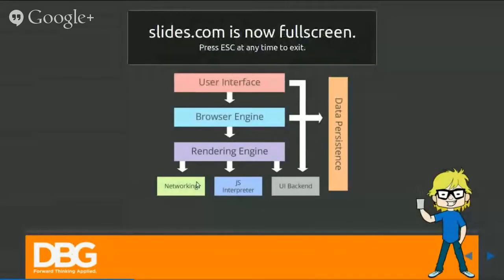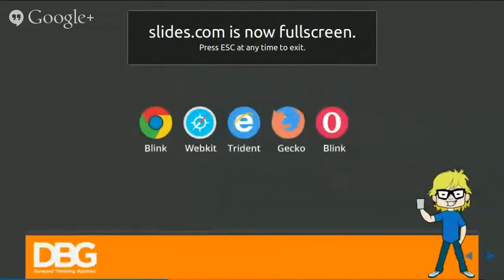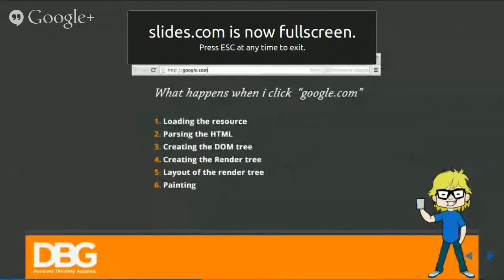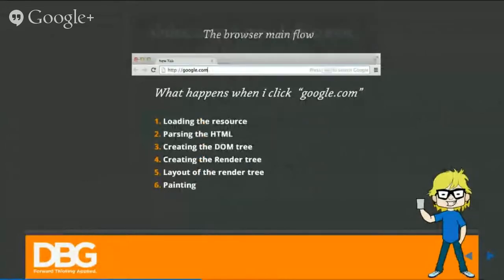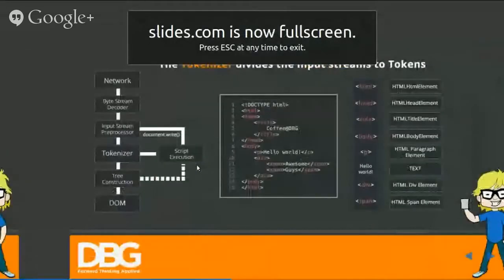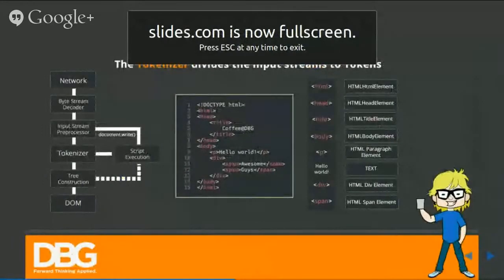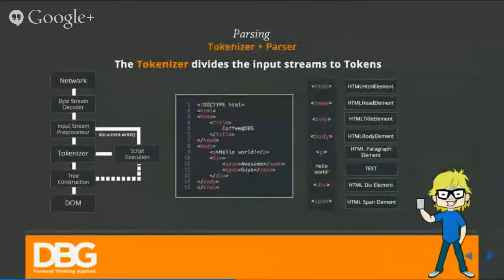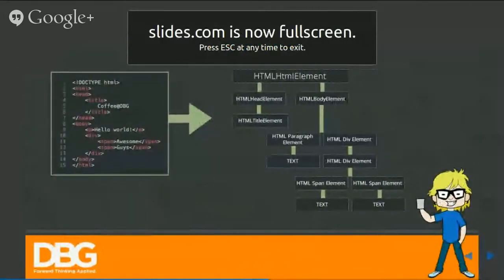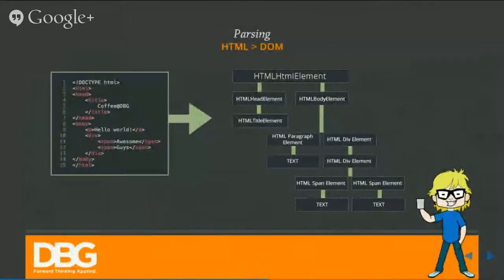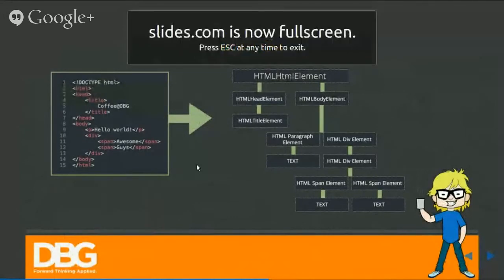Then the render engine. What happens when a user clicks or queries a URL? Then comes parsing, the conversion of HTML to a DOM element using a tokenizer and a parser. Next is the render tree creation, where the DOM element gets converted to a tree called the render tree.